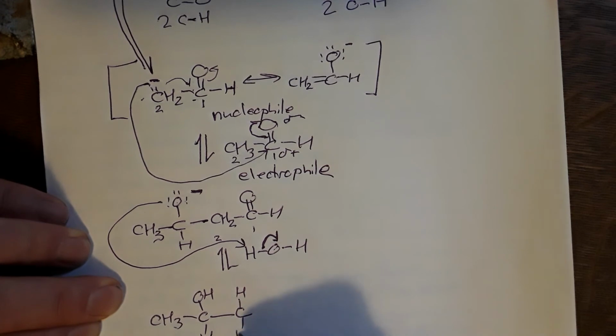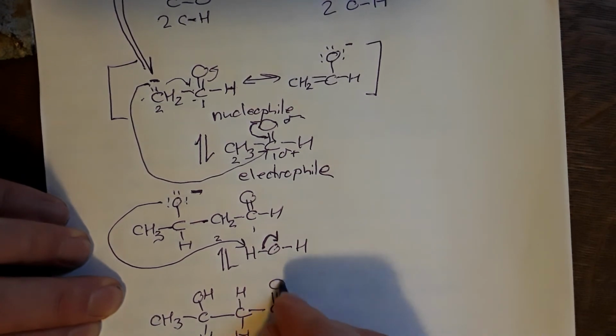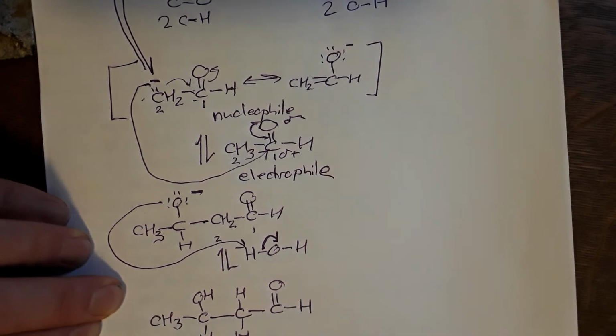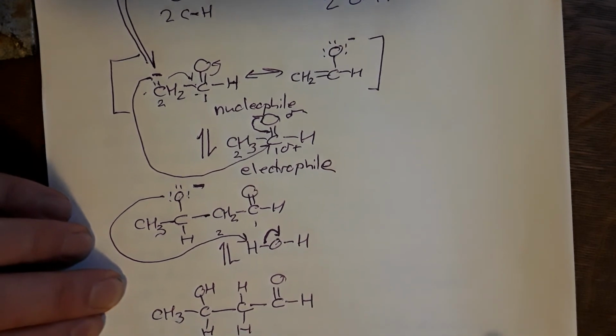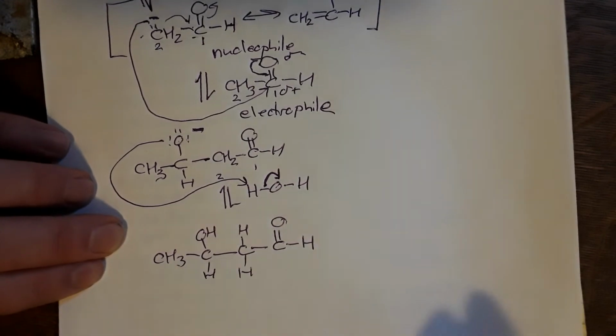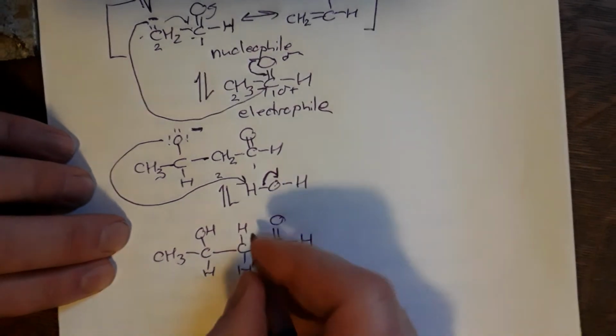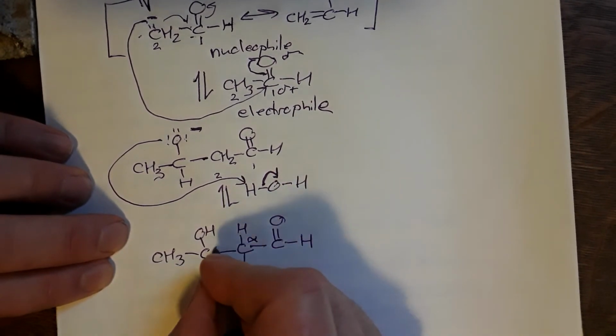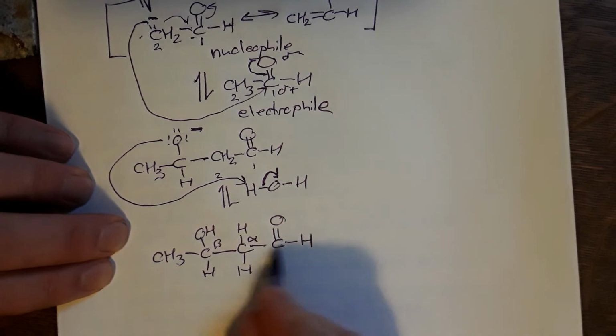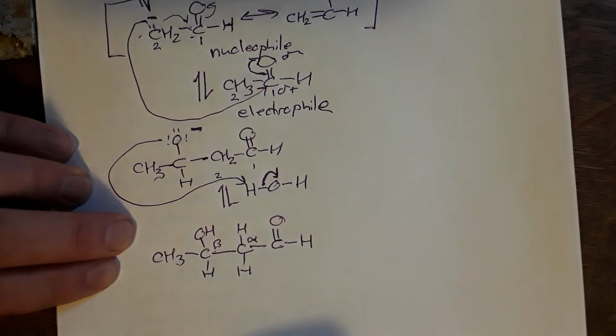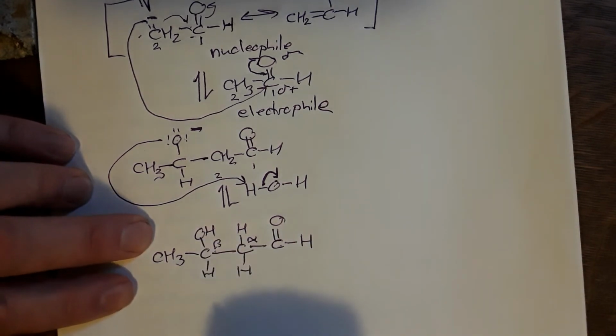I'm going to draw out the hydrogens here on this alpha carbon. So what we have is a neutral product, with the original aldehyde, and then on the beta carbon we have an alcohol or hydroxy group.